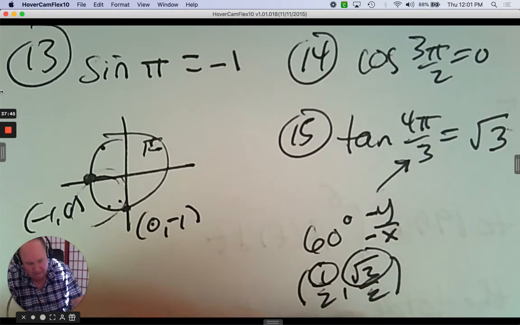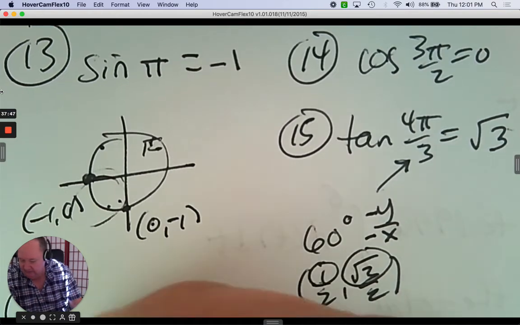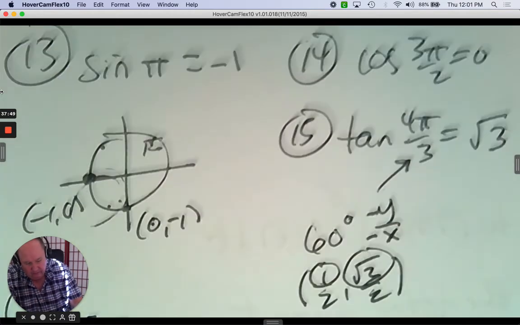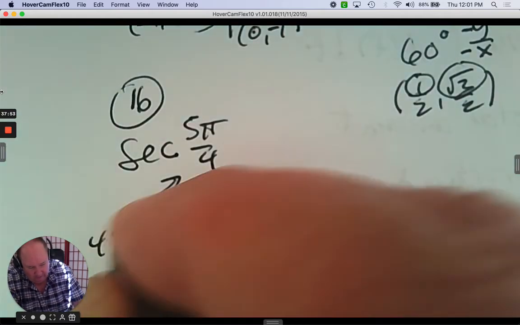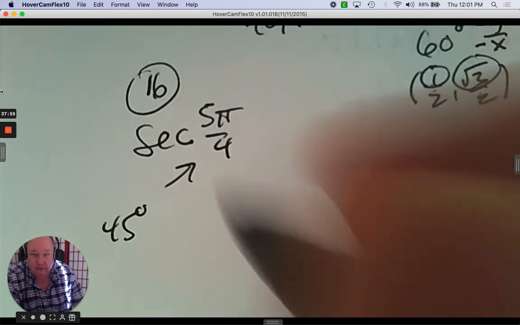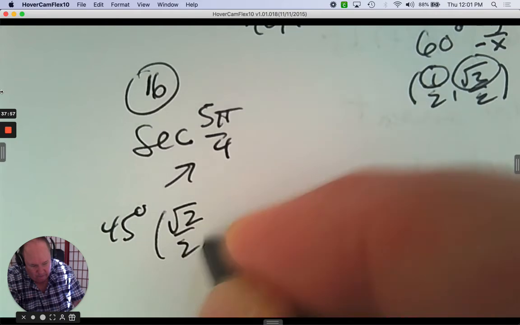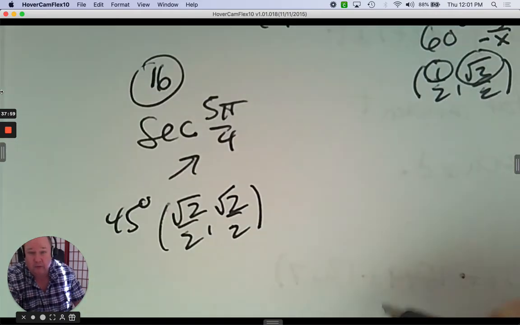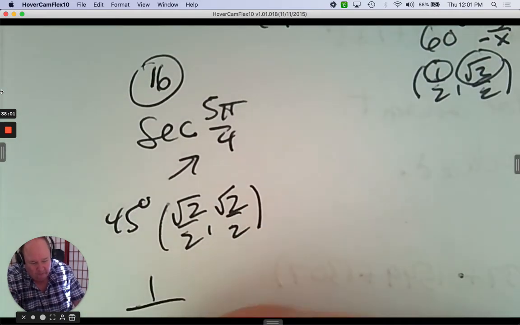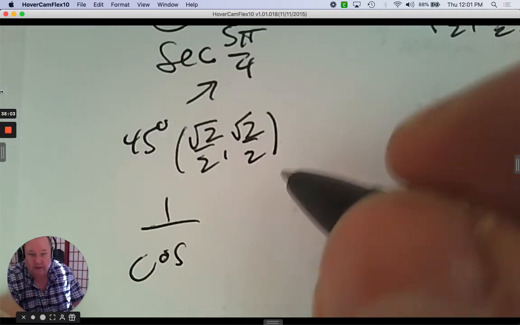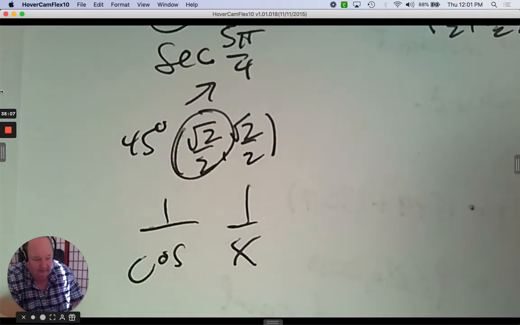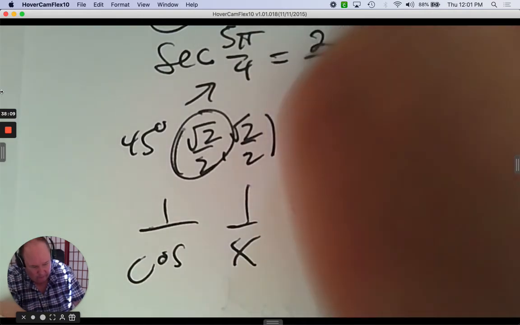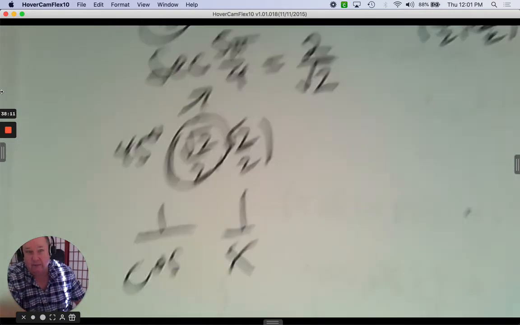Number 16, secant, 5 pi over 4. What's the value there? Again, over 4 means it's a 45-degree reference angle. The order of the points is √2 over 2 and √2 over 2. Secant is the reciprocal of cosine. So if I take the x coordinate and do the reciprocal of that, I get 2 over √2. You don't have to make it look any prettier than that.